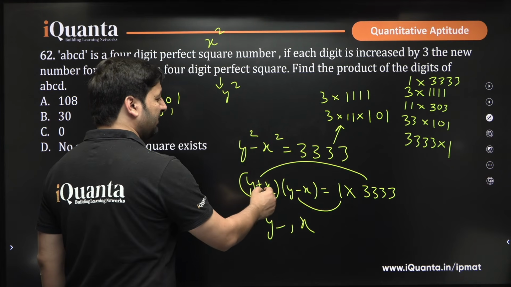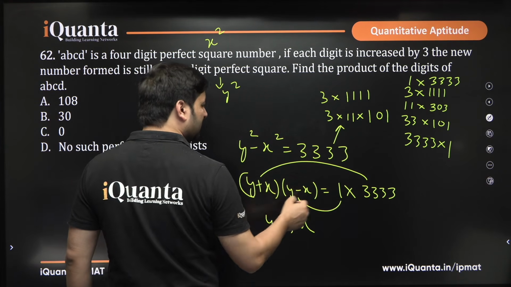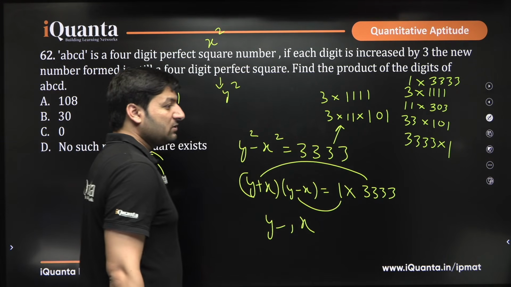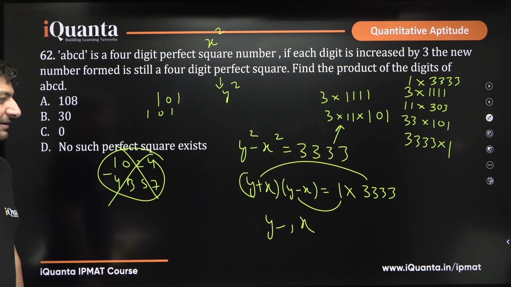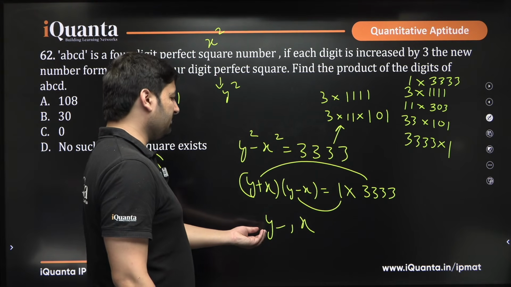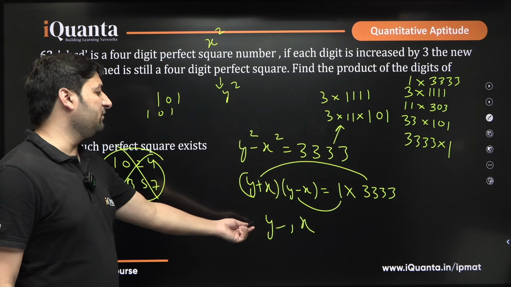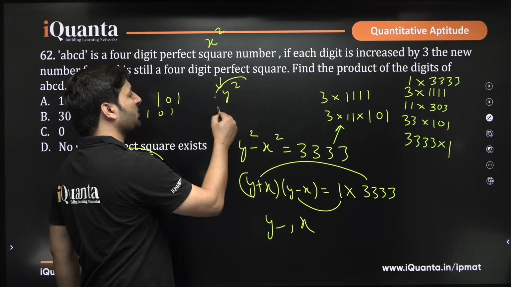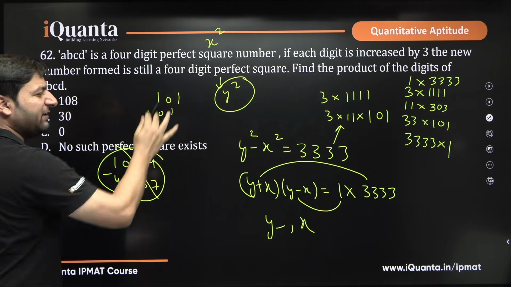Obviously, when you add y plus x equal to 3333 and y minus x equal to 1, x will be cancelled, 2y will be 3334. So y will be a 4-digit number. If y is a 4-digit number and you square it, obviously you have to square y to get a 4-digit number, because a 4-digit perfect square number is y square, not y.